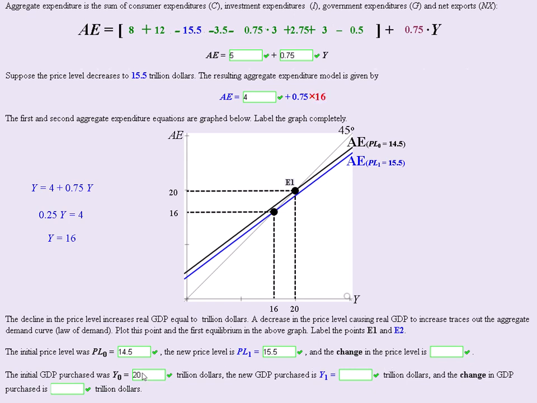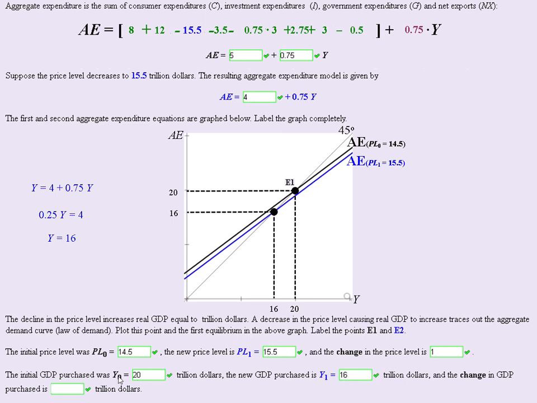So Y0, the initial GDP level, is 20. The new GDP level is 16. Again, the change in the price level is 1: 15.5 minus 14.5 is 1. Now down here, real GDP is 16.